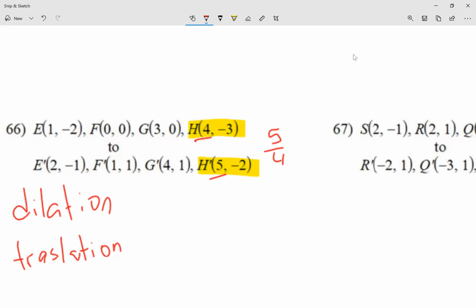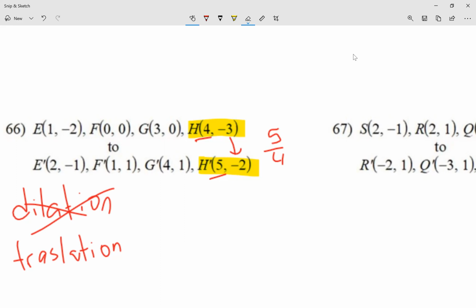Now, when I look at my Y value, did I multiply -3 times 5 fourths? Does that give me -2? No, -3 times 5 fourths is -15 over 4. So it's not dilation.